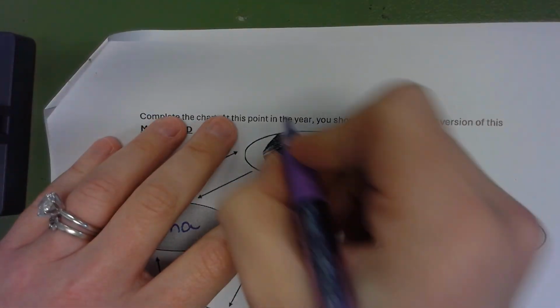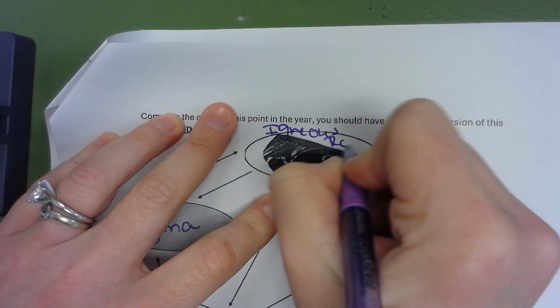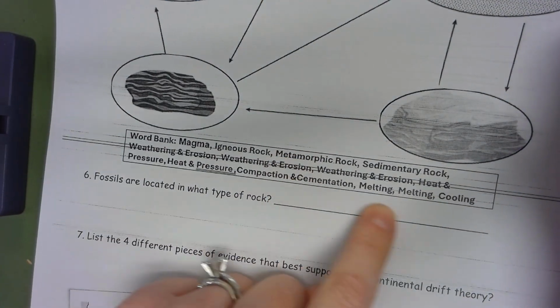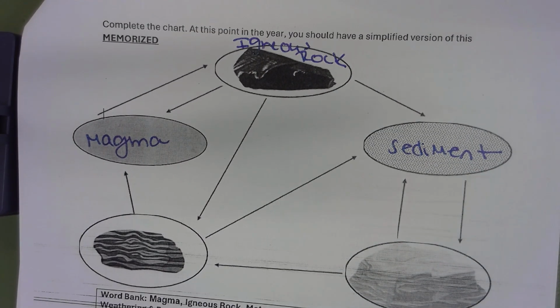And up here is igneous rock. Now, I know this by heart, but if you didn't, you could practice using these words down here. You could take a blank sheet of paper, draw out your rocks first and your arrows, and then try to just use these words down here to help fill it in. That would be a really smart study tool there.